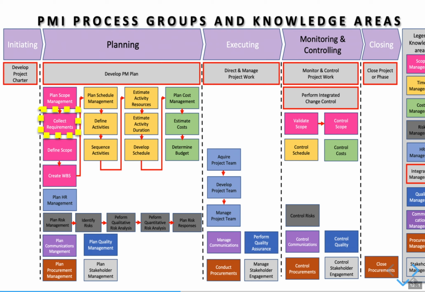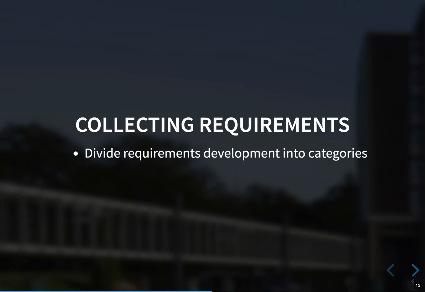The next process in scope management is collect requirements. How to collect the requirements? For some IT projects, it is helpful to divide requirements development into categories called elicitation, analysis, specification, validation, and so forth.